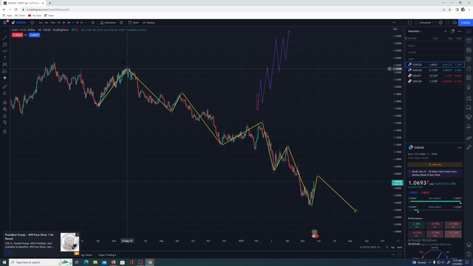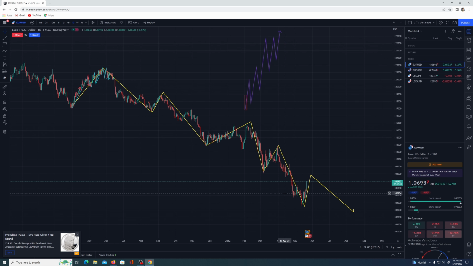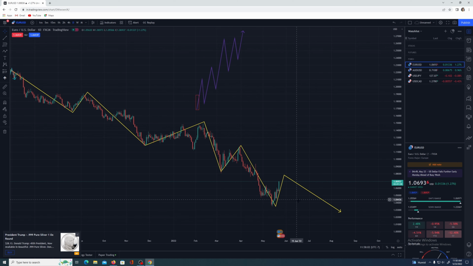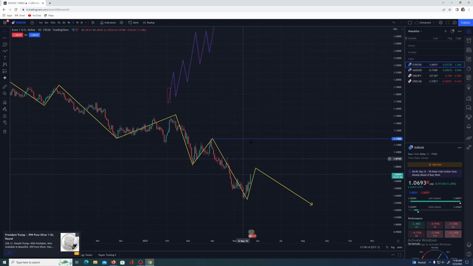This protected swing is holding. This lower high is holding. This lower high is holding. And right now, from this daily, what I see is this is my protected swing. I will be bearish on the daily until a candle closes above this.